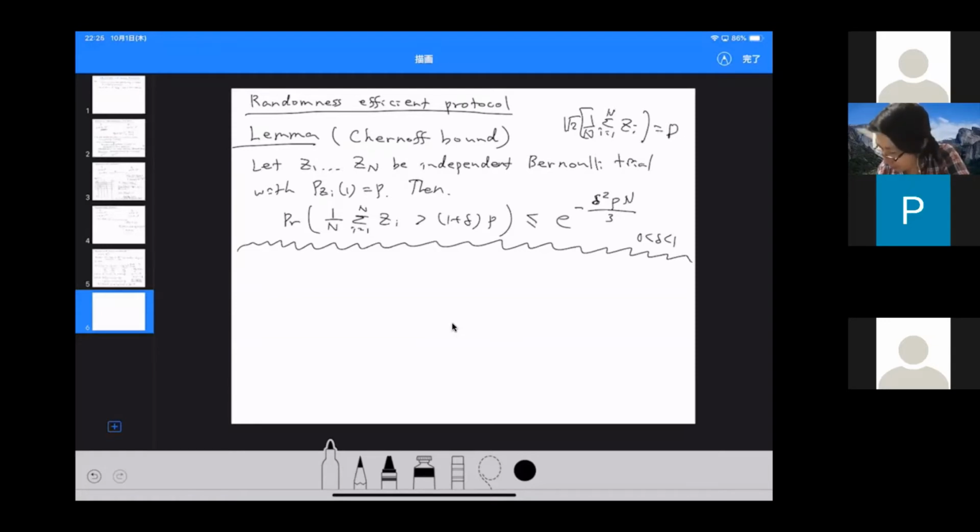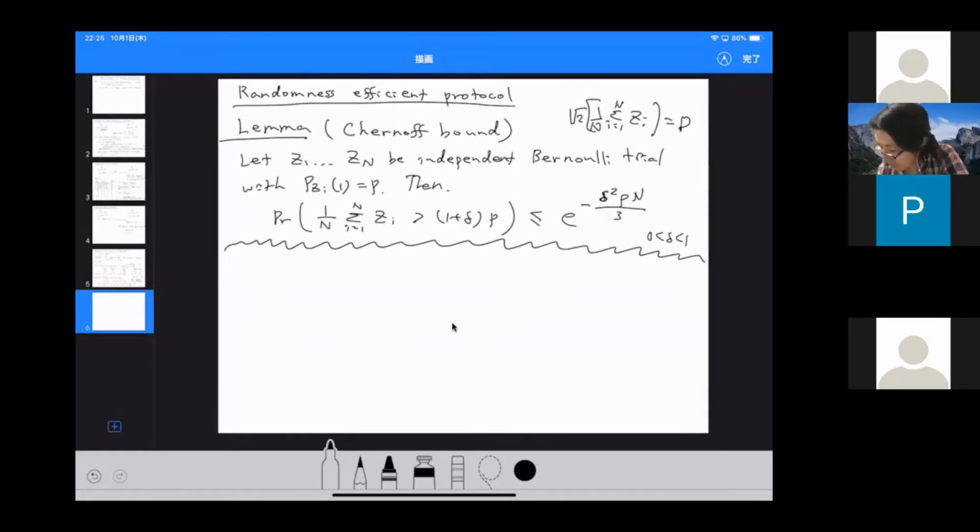Let's consider the following table. V is some value in the domain of the function. U is some value of the common randomness.